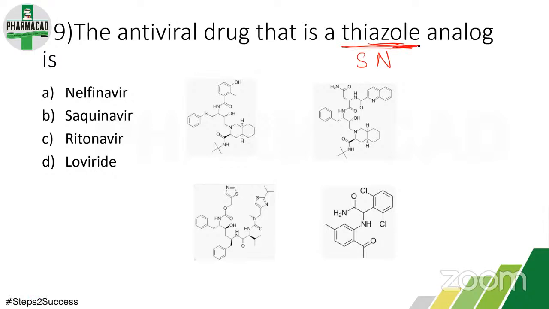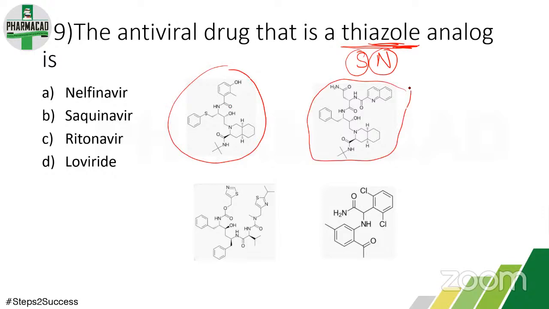Ole means a five-membered ring. So which drug contains a five-membered ring with sulfur and nitrogen? You can see in this there is no thiazole ring. Over here, no. In this case, see, a five-membered ring with one nitrogen and one sulfur, that ring is nothing but the thiazole. It means the antiviral drug which contains thiazole is ritonavir. So the correct answer is option C, ritonavir.